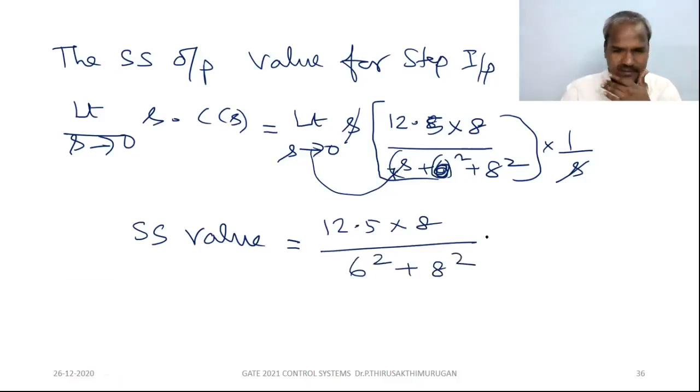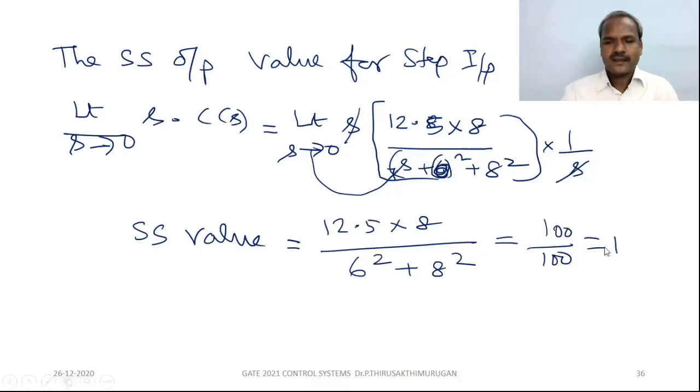So 6 square plus 8 square is 100, and 12.5 into 8 is 100. So 100 divided by 100 equals 1.